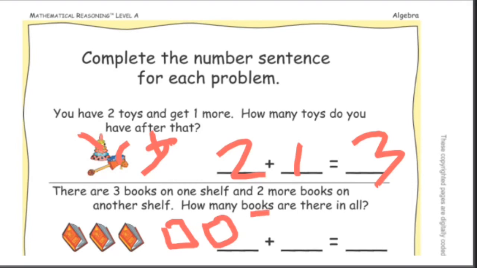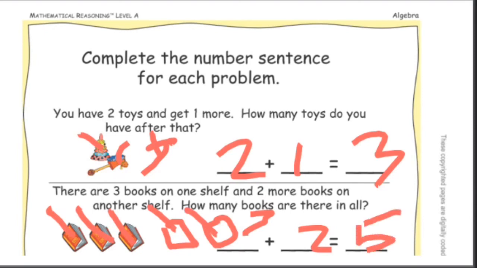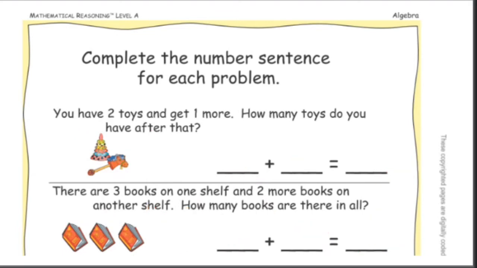So 3 books plus 2 more books gives us how many books altogether? Let's count. 1, 2, 3, 4, 5. 5 books all together. Very good. Clap for yourself. Alright, the next down the line.